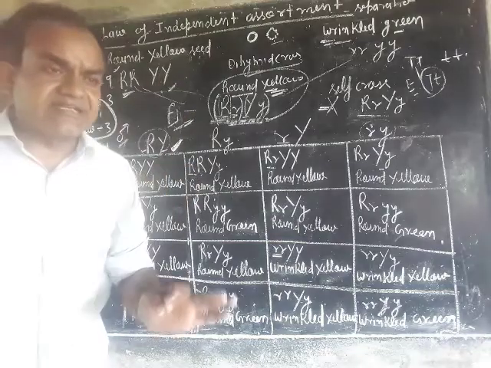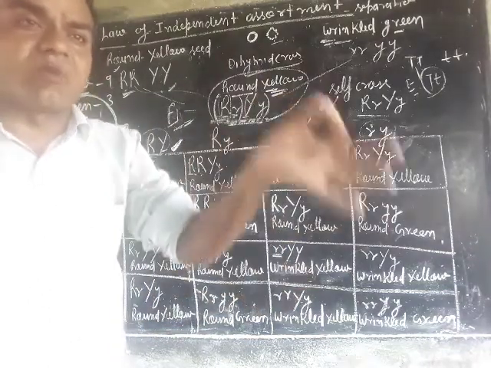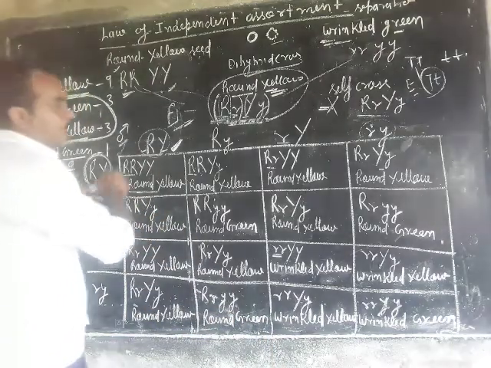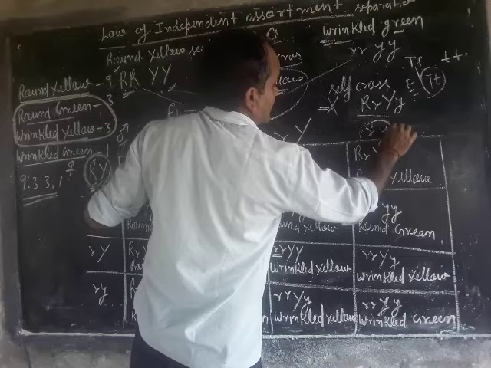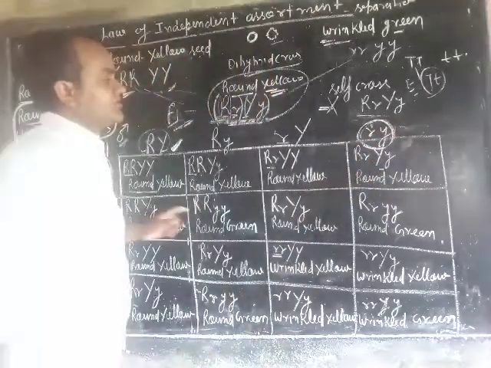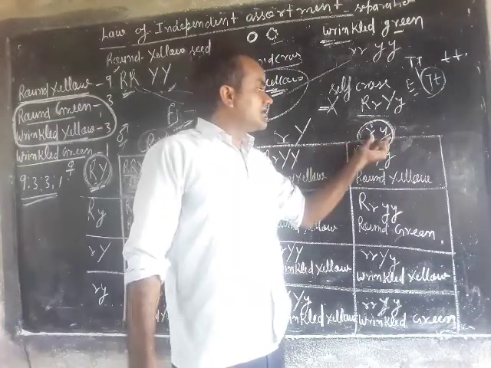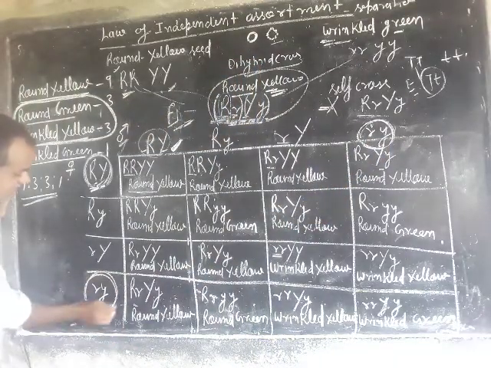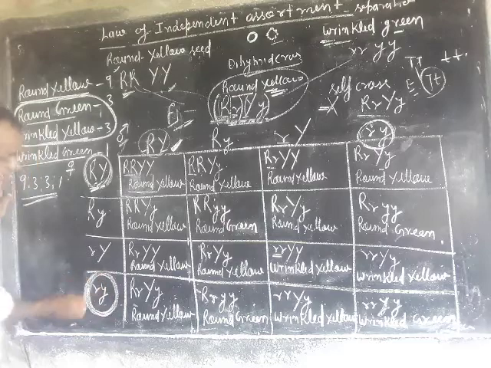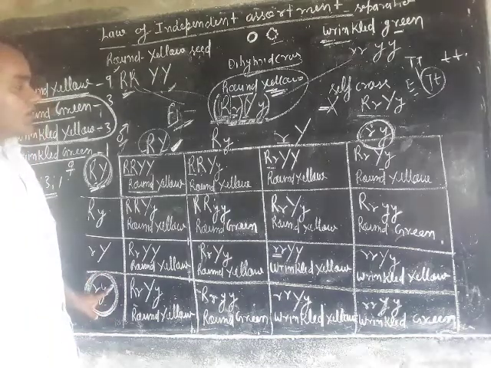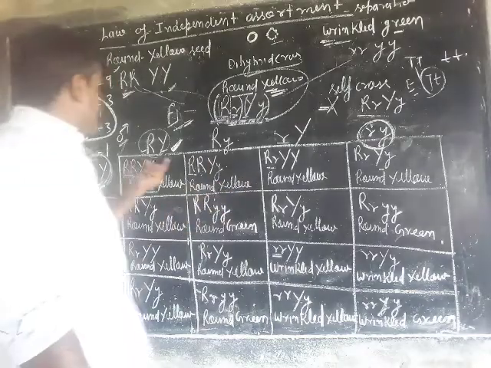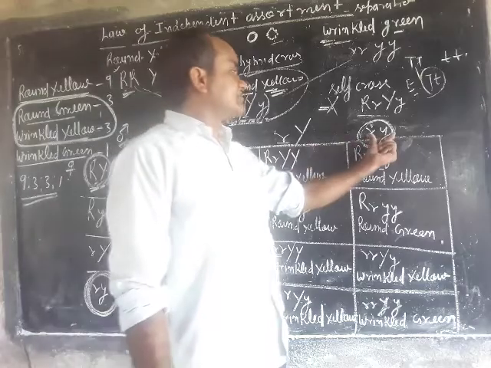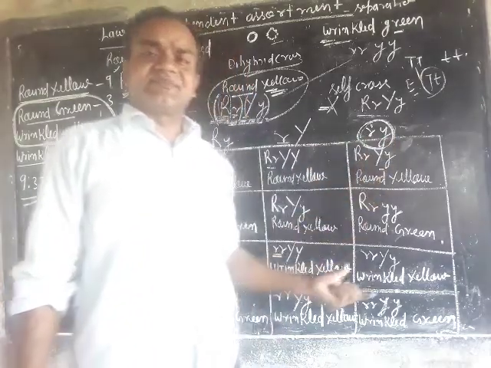Dominant genes will also fuse with the recessive gene, and recessive gametes are also able to fuse with dominant characters, and recessive characters also have the ability to fuse with recessive characters.